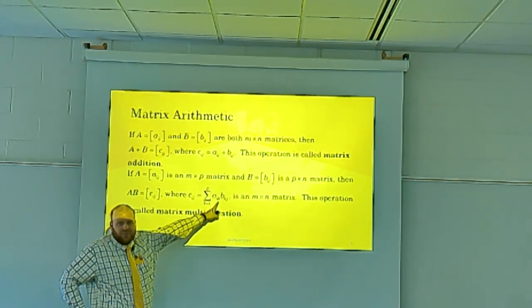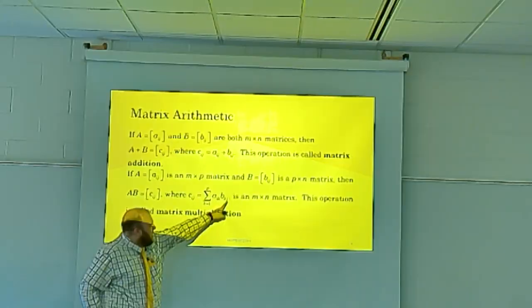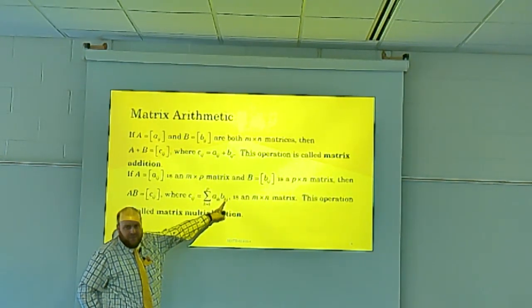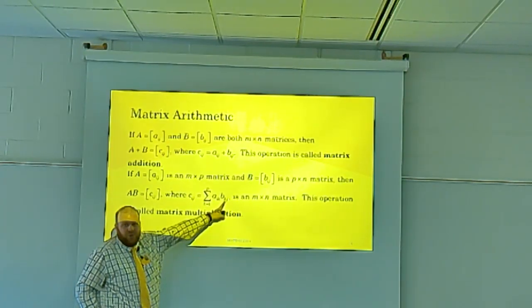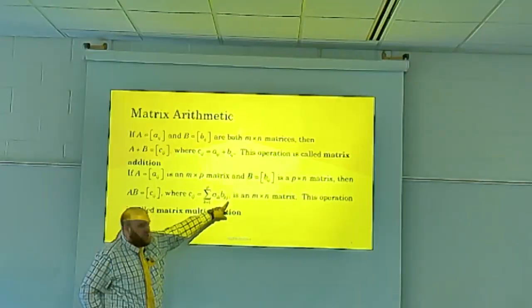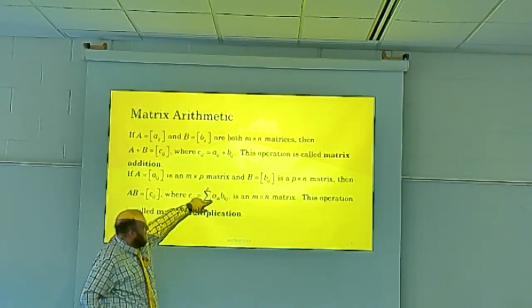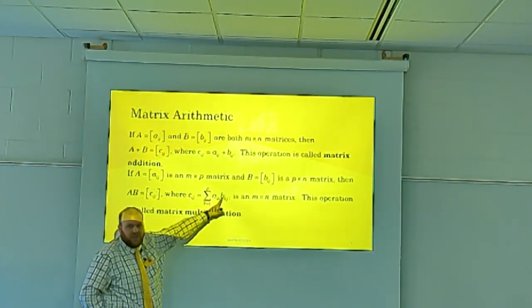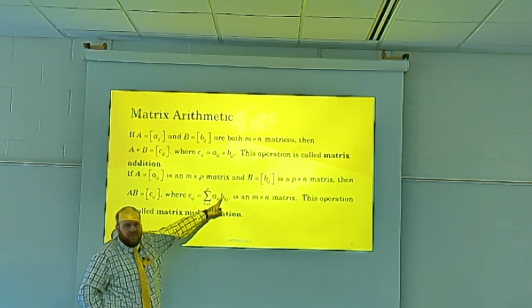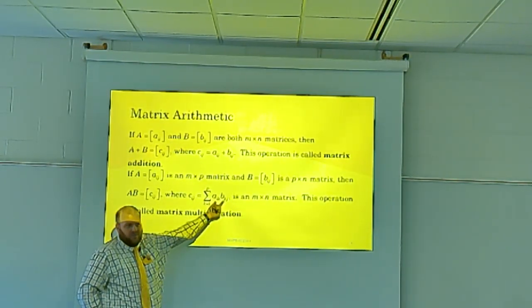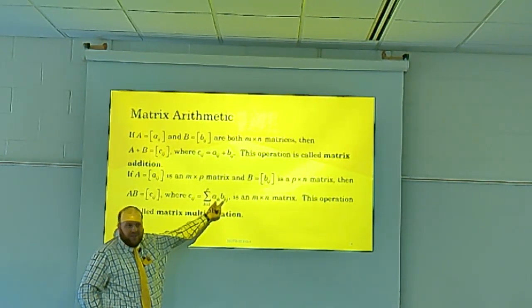It's only the column that's changing. And you keep the column of B the same. It's only the row that's changing. Since we're looking for 1, 1, i is 1, j is 1. So we look at the first row of A and the first column of B, and then multiply the corresponding components that way.